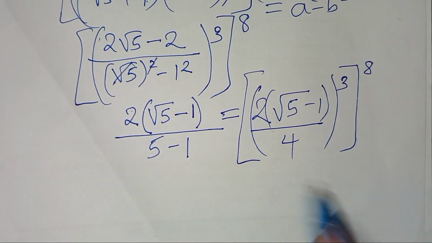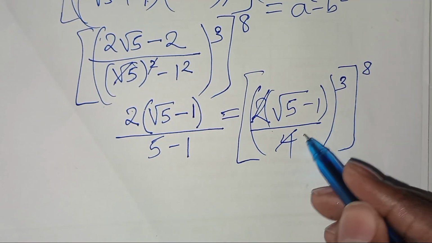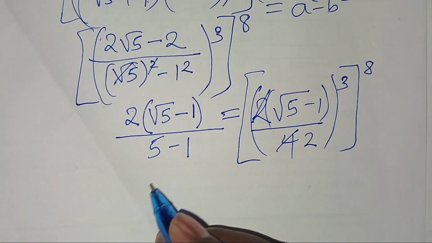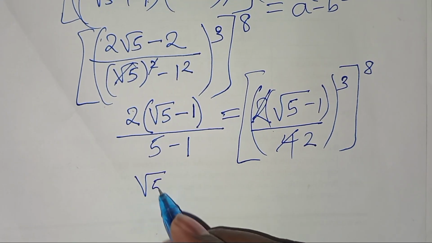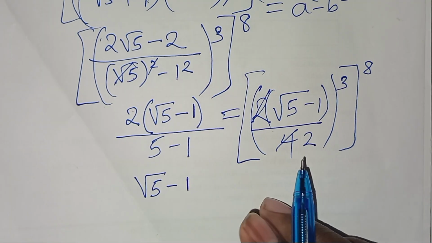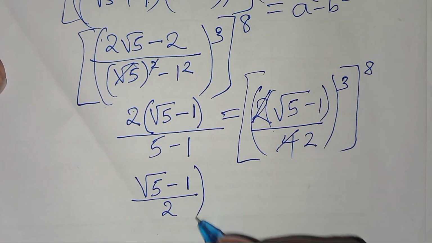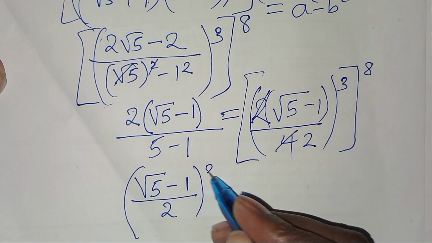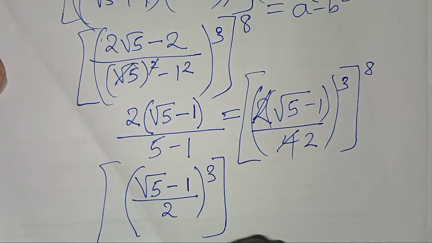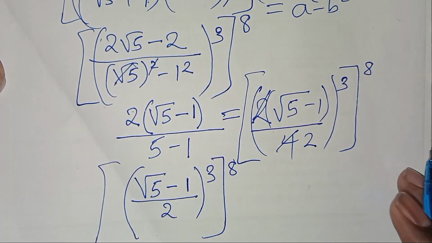Let's proceed. This 2 simplifies here, so now we have the square root of 5 subtract 1, divided by 2, all raised to power 3 and everything raised to power 8.